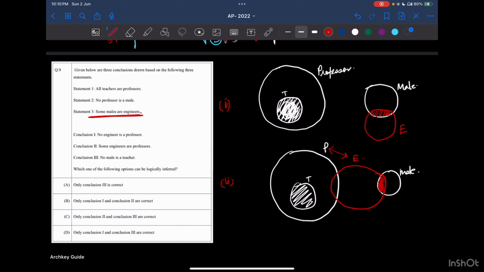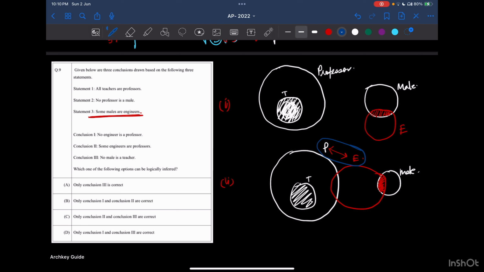Let's see the next statements, yeah, conclusions, what's given in the question. No engineer is a professor. The first conclusion says that no engineer is a professor. So this is not mentioned. The relationship between professor and engineer is not mentioned in the question.